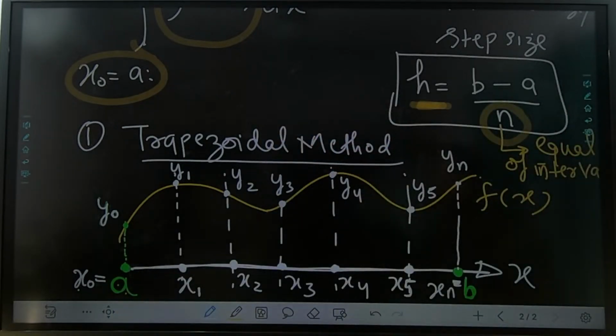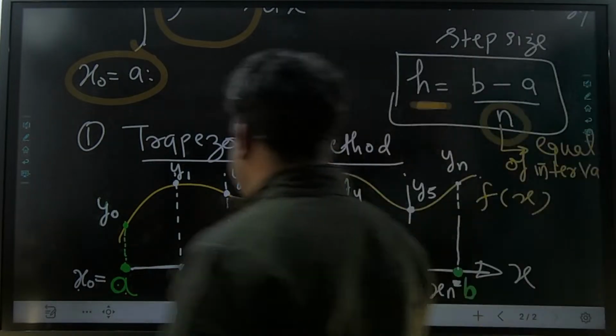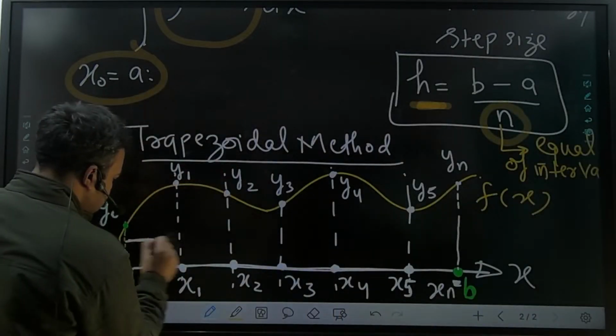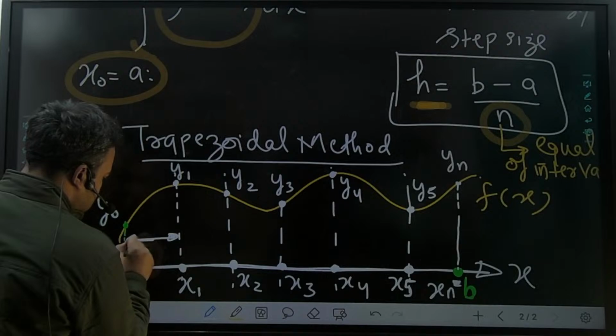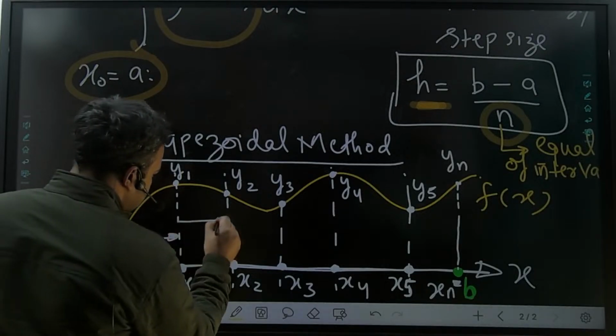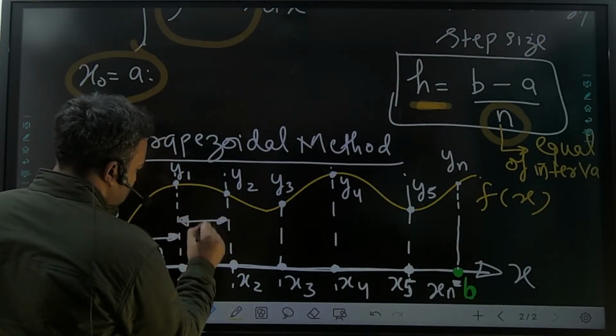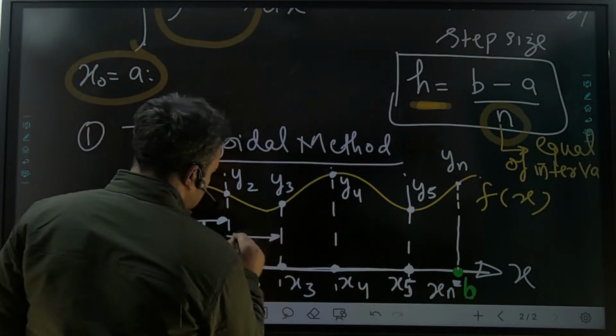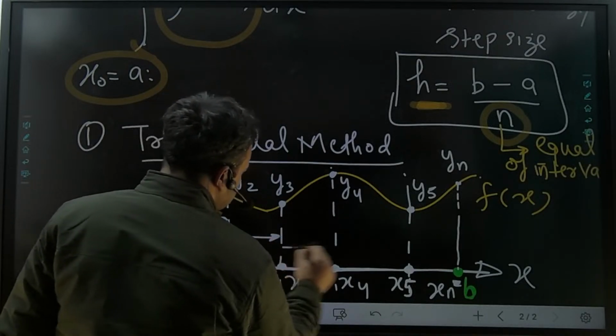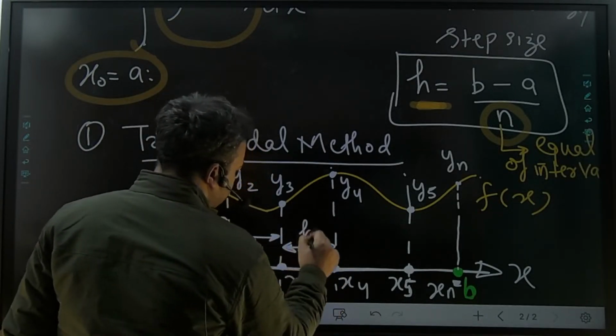Like this we can break the total span from a to b into equal intervals. These share an equal gap. This is h, and this is also h. What is h? We can easily calculate it. Each interval is of the same size. That is the value of h.